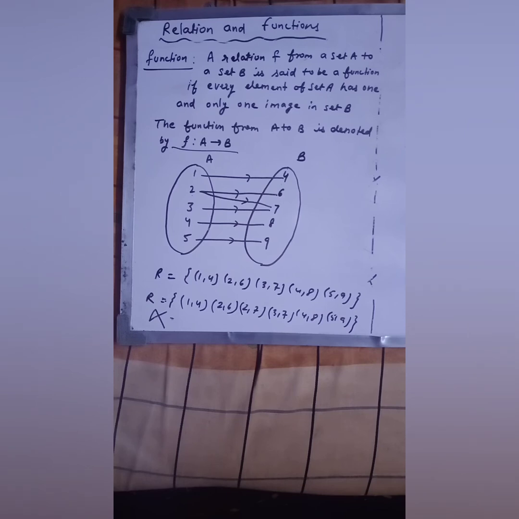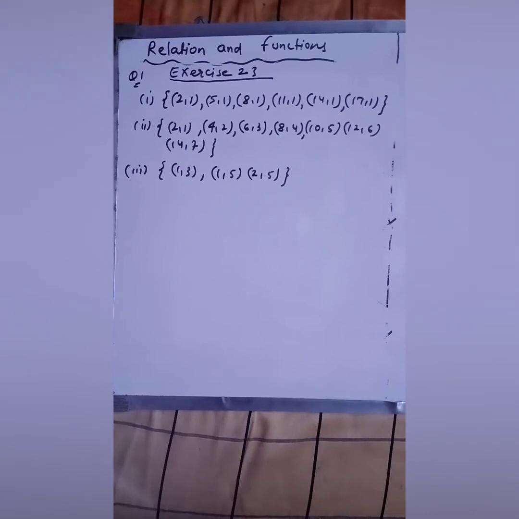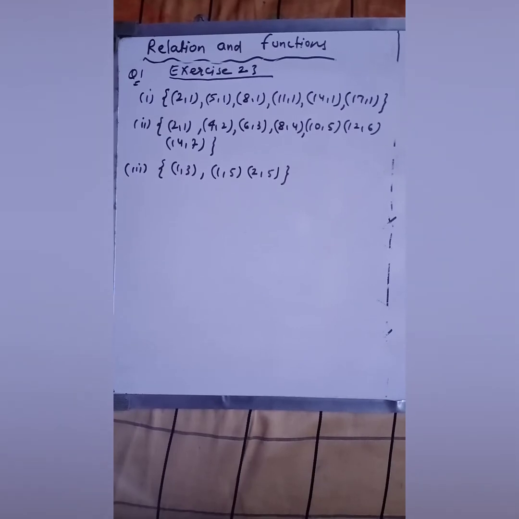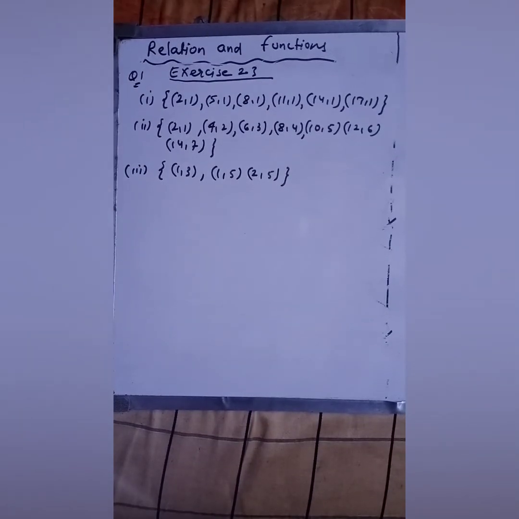Now this is your question number 1, which is based on the concept of function. This is question number 1 of exercise 2.3, and in this question you have to check whether the given relation is a function or not.